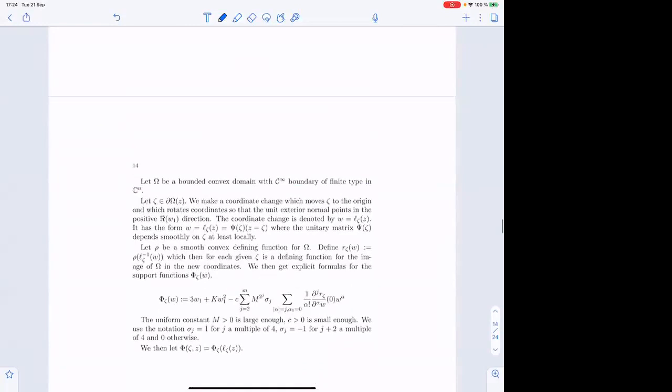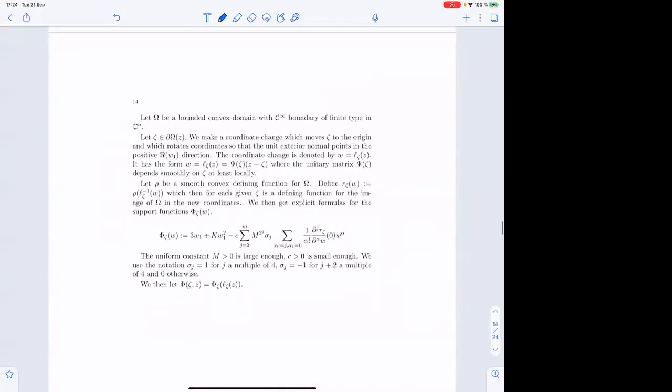So let me say a little bit about that. You have a bounded convex domain with C infinity boundary of finite type in Cn, always D'Angelo type, and zeta is in the boundary.